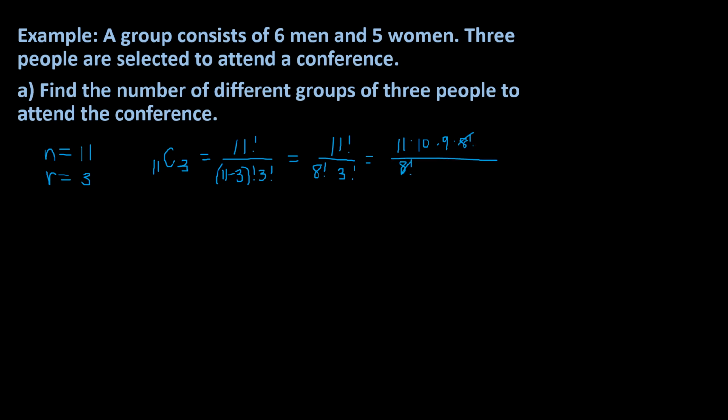But then I also have 3 times 2 times 1 in the denominator. Okay, so 11 times 10 times 9. We'll go ahead and use those parentheses, get those done in one step, over parentheses 3 times 2 times 1. And you should get 165. Okay, so 165 different groups of 3 could possibly attend.